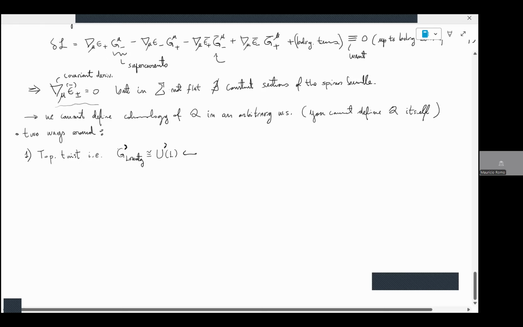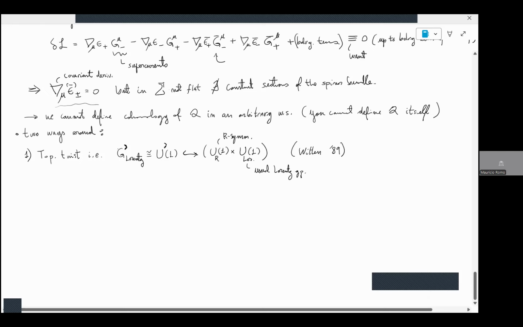That embeds into U1_R, this is R symmetry, with the usual U1_L Lorentz. This is the usual Lorentz group. This is Witten's idea, from '88, '89.